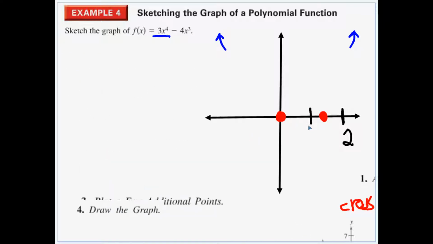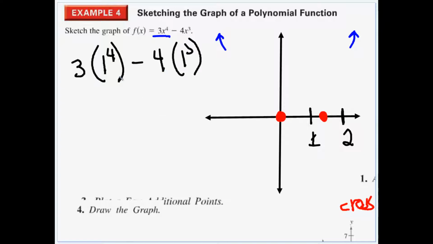Plugging in a 1 or a -1 is usually pretty easy. Here's +1 on our x-axis. If we plug in +1, that'll be 3 times 1 to the fourth minus 4 times 1 to the third. 1 to the fourth and 1 to the third are just 1, so that's just 3 minus 4, or -1. So if we go over to 1, we go down to -1.